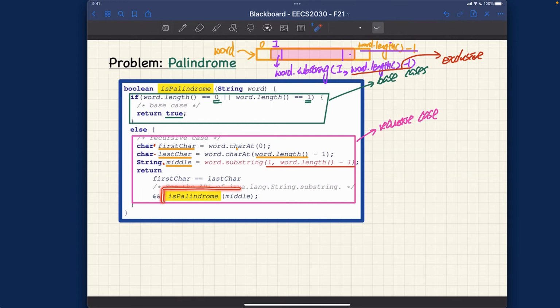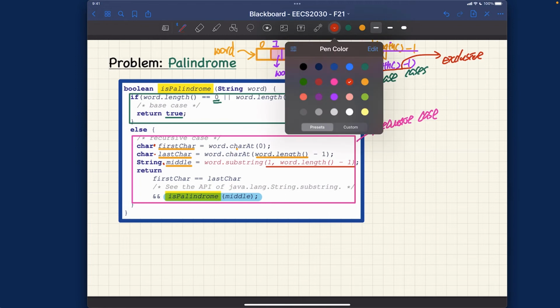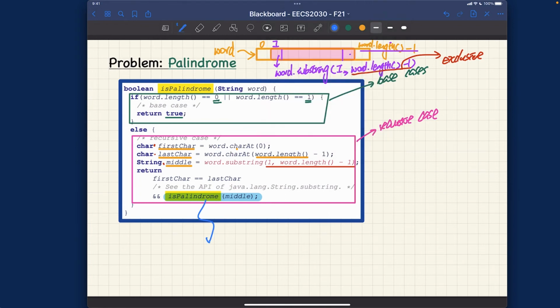And this is really a recursive call over here: isPalindrome of the middle. So this is a recursive call to solve a subproblem with strictly smaller size.